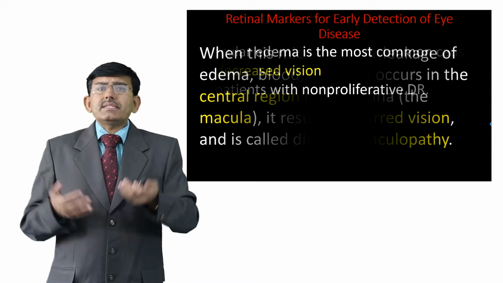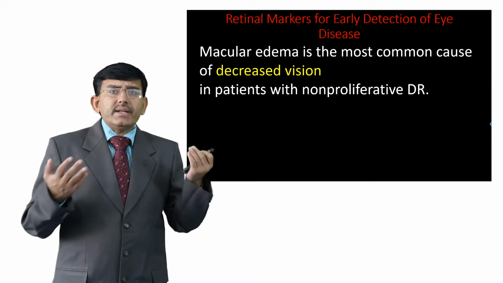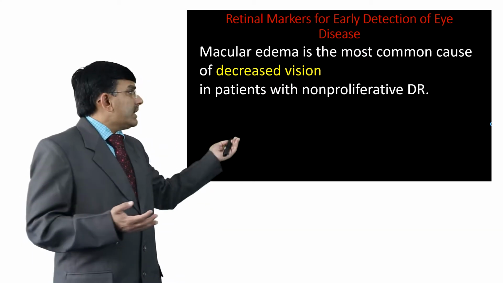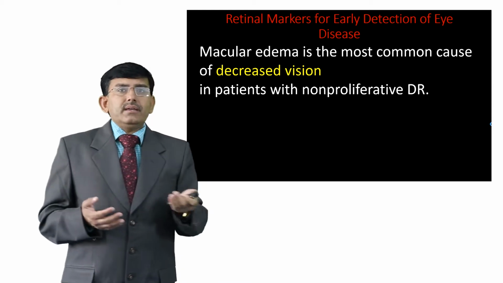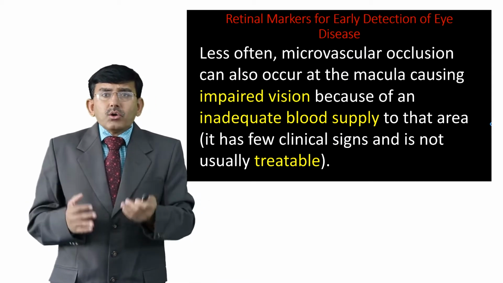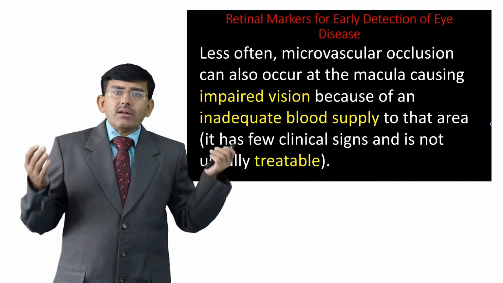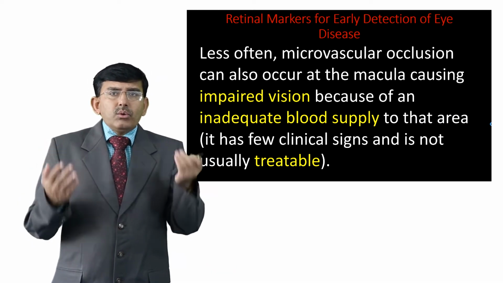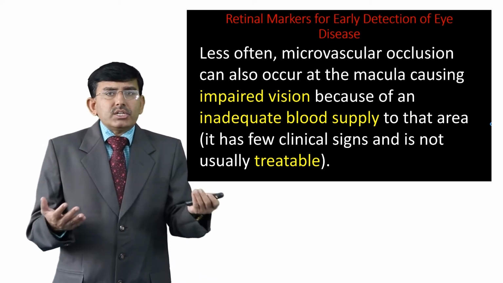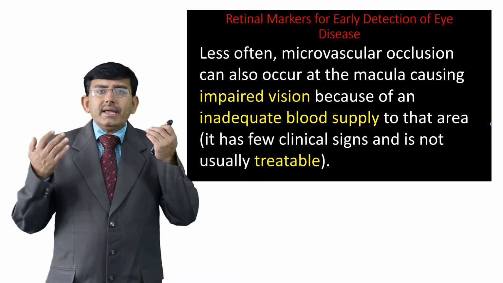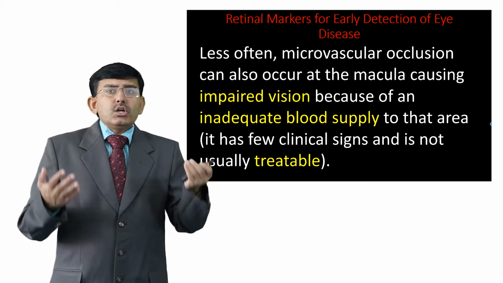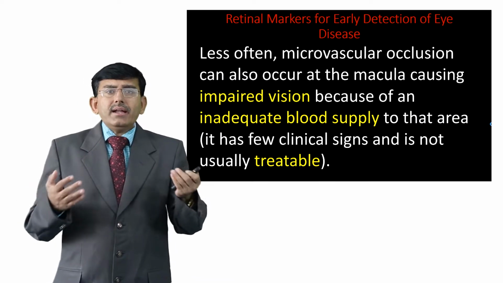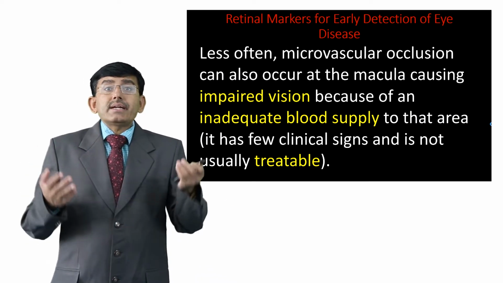Macular edema is the most common cause of decreased vision in patients with non-proliferative diabetic retinopathy. Less often, microvascular occlusion can also occur at the macula, causing impaired vision because of an inadequate blood supply to that area. It has few clinical signs and is not usually treatable.